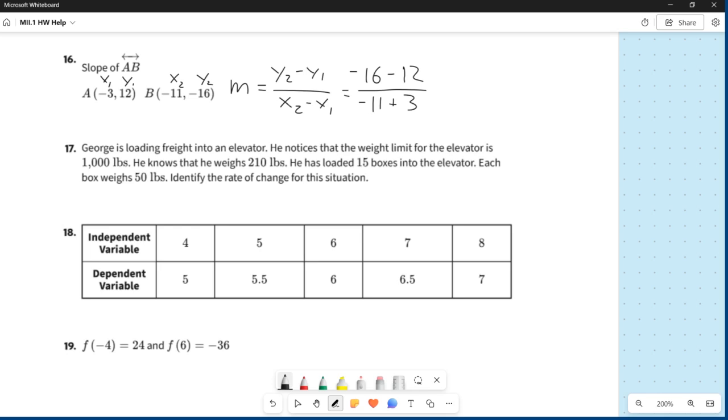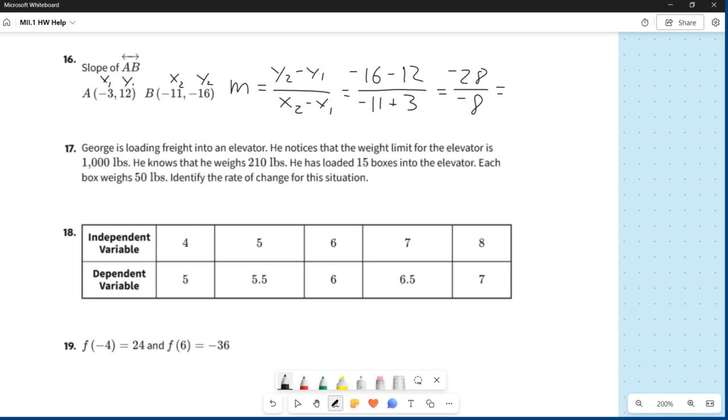Okay. I can go ahead and simplify this. Negative 16 minus 12 is negative 28. And negative 11 plus 3 is negative 8. Technically, that's our answer. We have a negative over a negative, so the negatives go away.